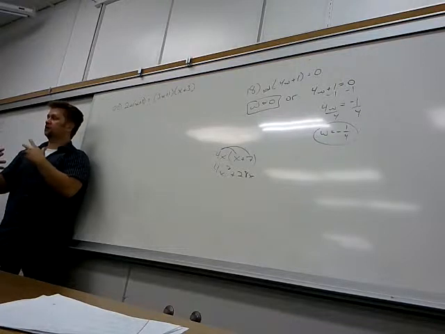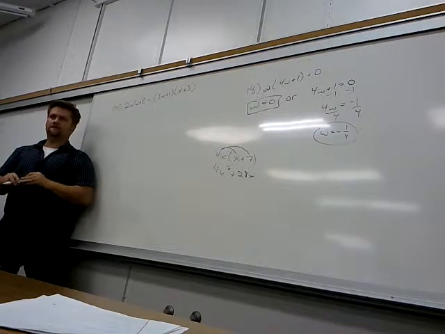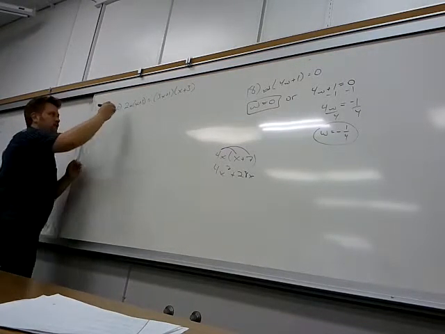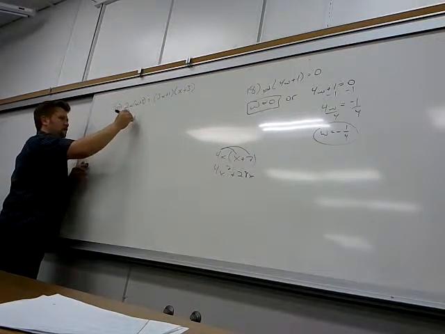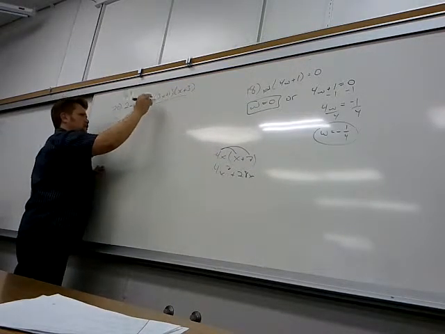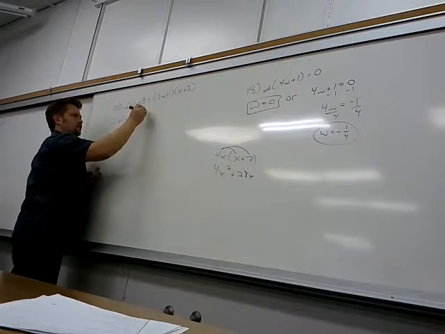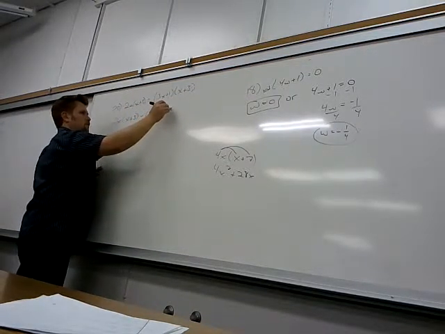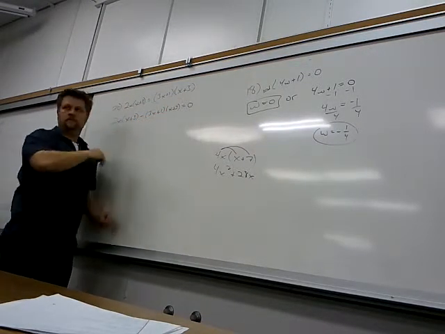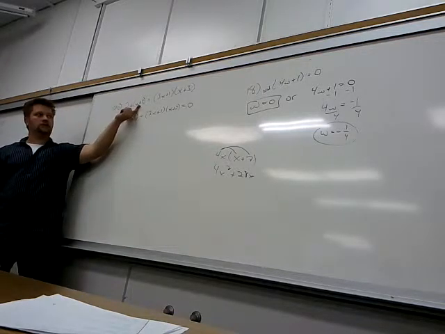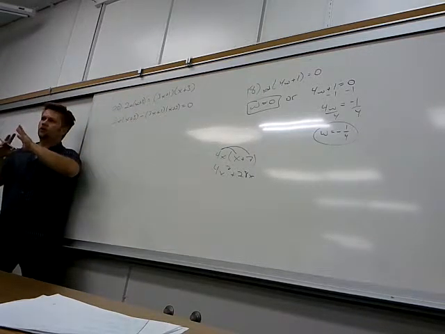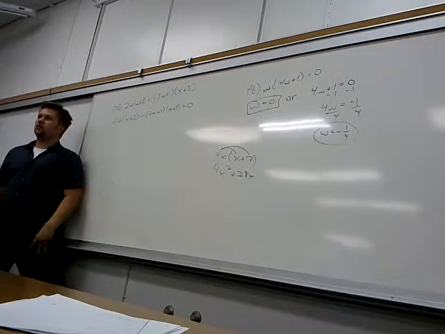It'd just be a little longer than it has to be. But I would suggest that you leave this alone. You subtract this over. If you don't like what I'm doing, you can certainly still distribute. It'll just take a little bit longer.